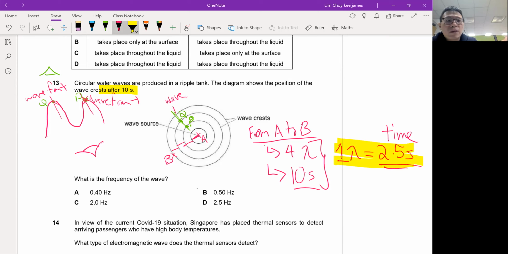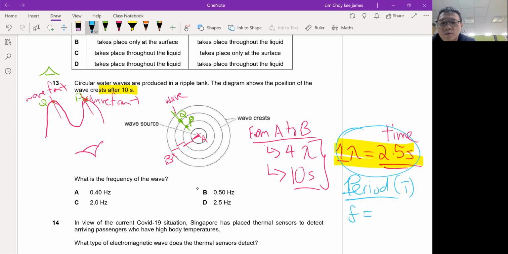So this is the time taken for one wave. This information, the time for one wavelength, is what I call the period of the wave. Between period and frequency, the formula is, this is T, frequency is 1/T, which is 1/2.5.